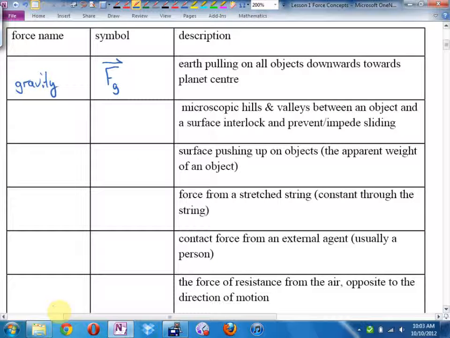What did we call the force that was the microscopic hills and valleys between an object and a surface that interlocked and prevented or impeded sliding? Friction. Symbol, FF or FFR. I don't know why I had the R there, I just do.